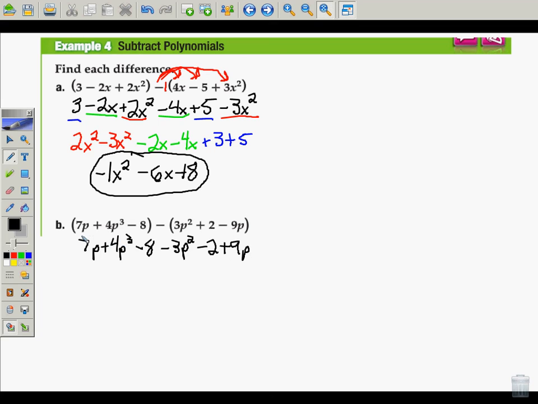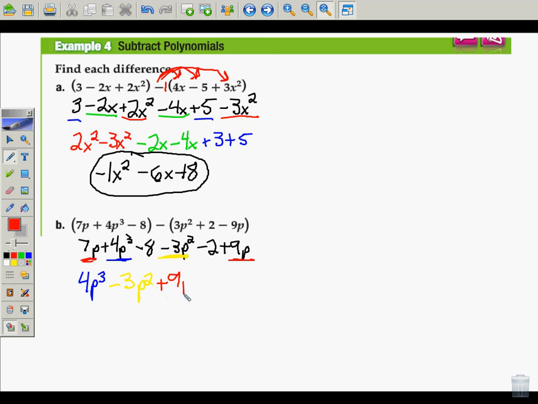I've only got one cubed term, so I'm just going to go ahead and write that at the beginning, 4p cubed. Then I've only got one squared term, minus 3p squared. And then I have two terms to the first power, so I've got plus 9p plus 7p.